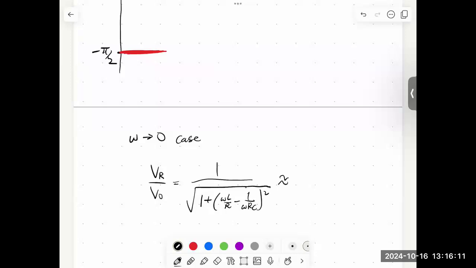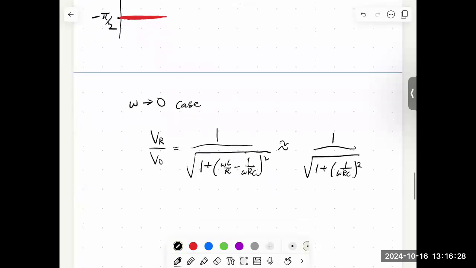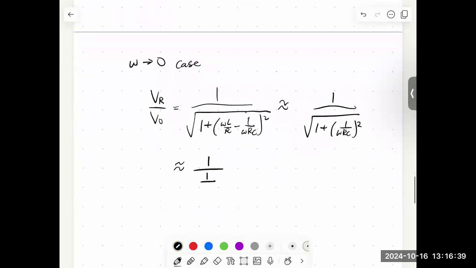And now we're going to ignore the omega L term compared to 1 over omega C. So it's 1 over the square root of 1 plus 1 over omega RC squared. And now we'll say 1 over omega RC is still a large number, so I don't need to worry about the plus 1. And so then we get 1 over 1 over omega RC, because the square root is going to kill the square. And then that is just omega RC.